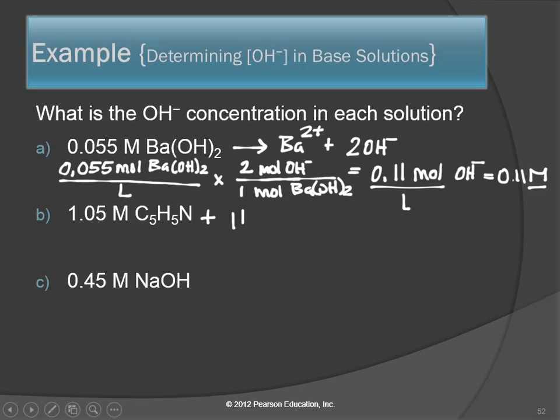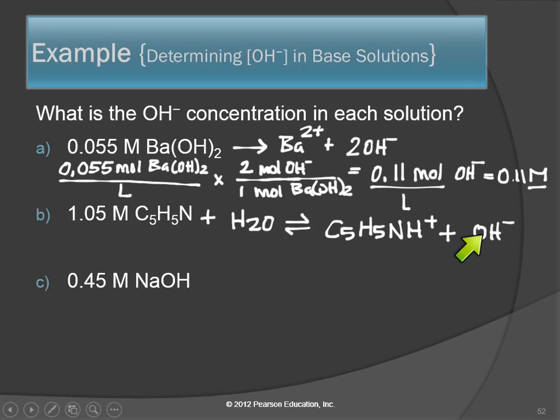C5H5N is going to pick up a hydrogen ion, and then we're going to have OH minus left. This is the base, the water's acting as the acid. Here we get the conjugate acid and the conjugate base.